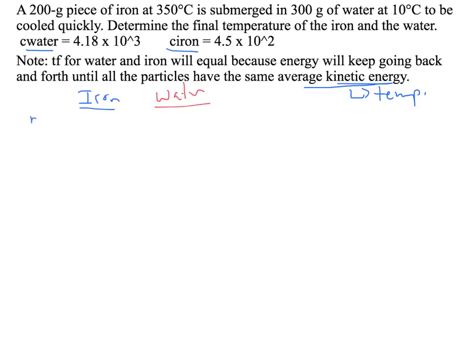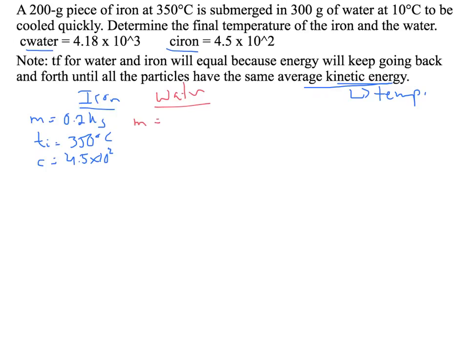We know the mass, 200 grams, so that's 0.2 kilograms. We know the TI is 350 degrees Celsius, and we know C, because we're told it, is 4.5 times 10 to the 2.